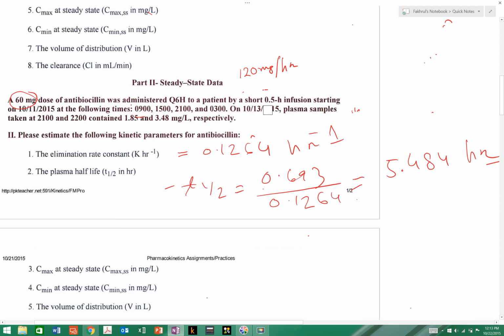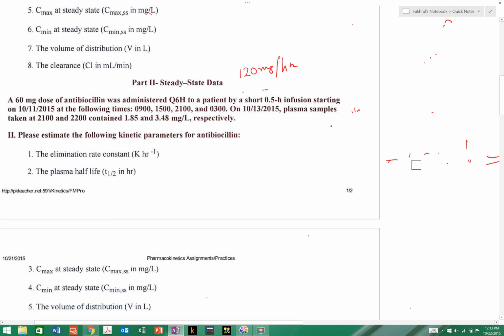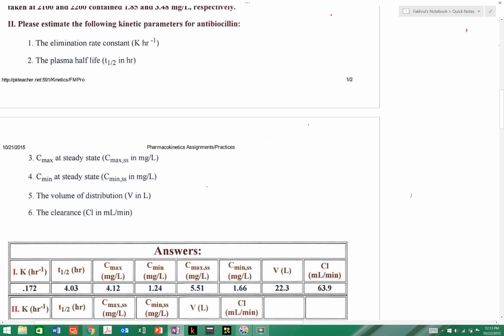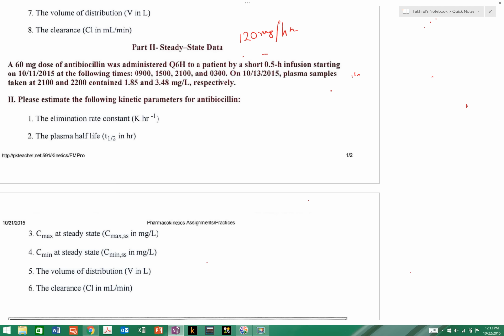This can also confuse you when you are calculating the T trough. Now assume that you started at 2100.